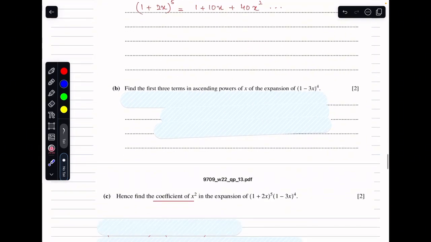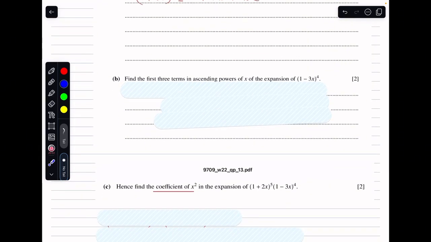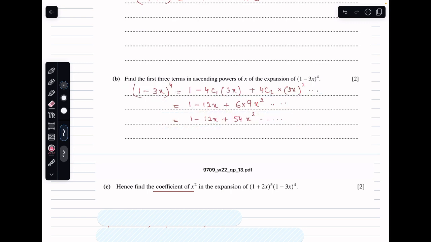Part B is also to find the first 3 terms in ascending powers of x of the expansion of 1 minus 3x to the power 4. So for 1 minus 3x to the power 4, our n value is 4. So this shall be equal to 1 minus 4c1 into 3x plus 4c2 into 3x the whole square. 4c1 is 4, 4 times 3 gives me 12.